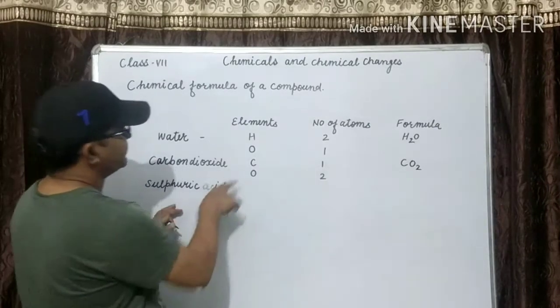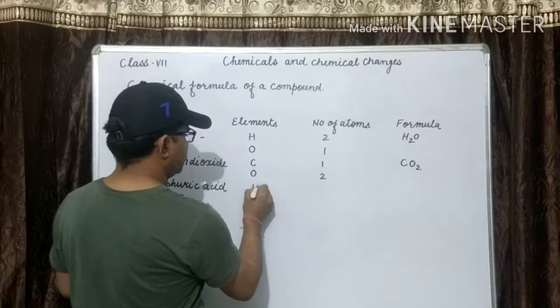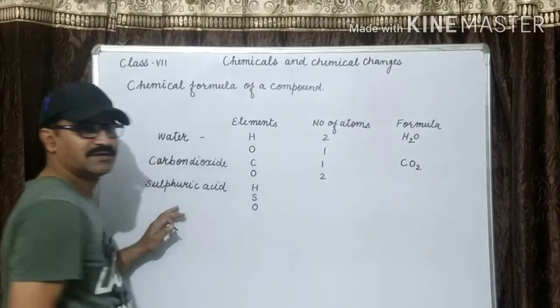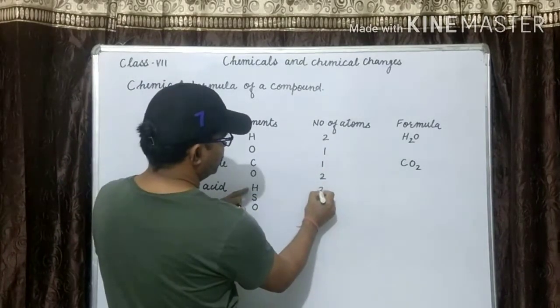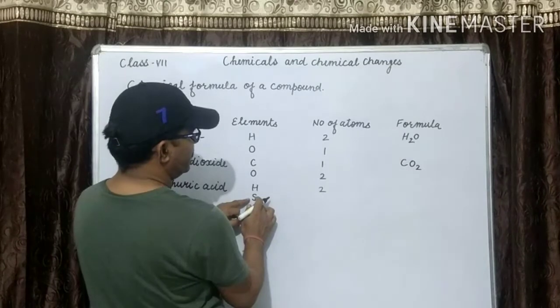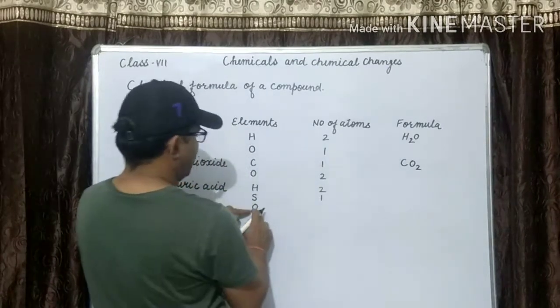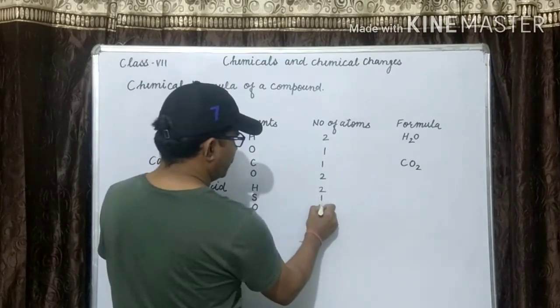What are the elements present in sulfuric acid? Hydrogen, sulfur and oxygen. What is the number of atoms of hydrogen? 2. Number of atoms of sulfur? 1. And number of atoms of oxygen? 4.